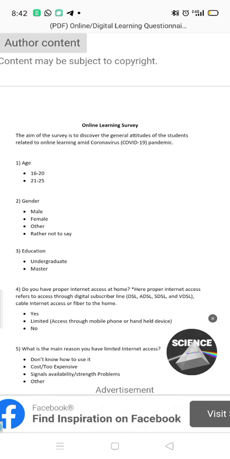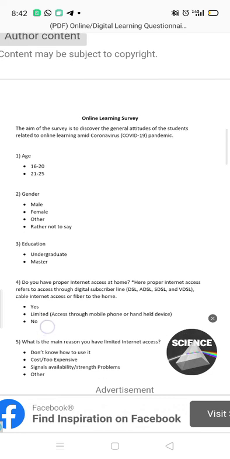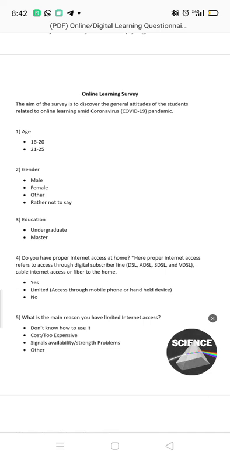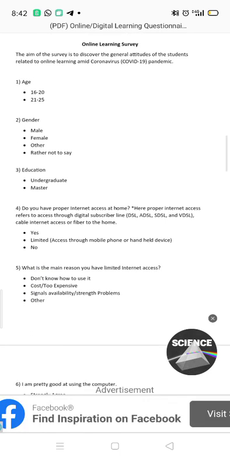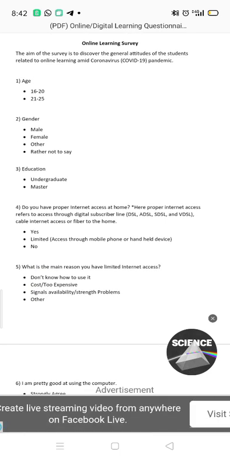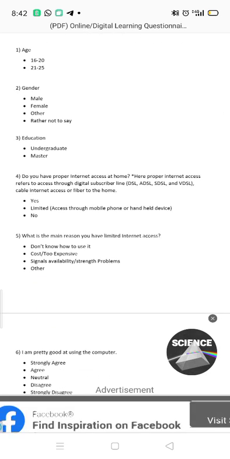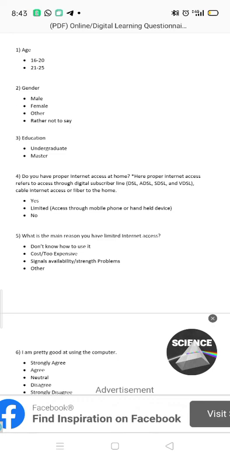So question number 1, options are given. Question number 2, again options are given. Gender. 3, education. These are all information relating to the respondent. Now the actual questions begin at question number 4.